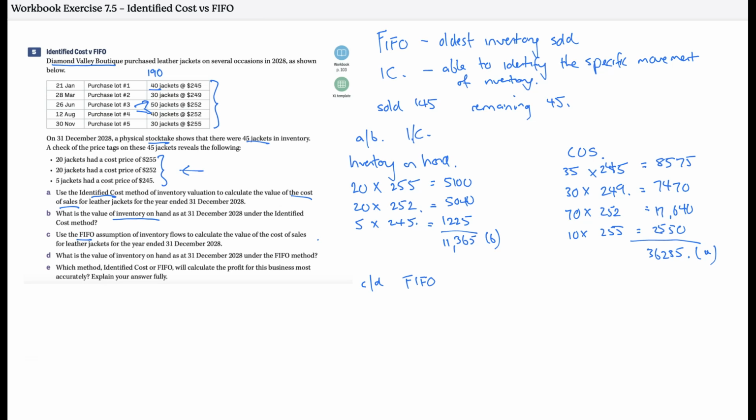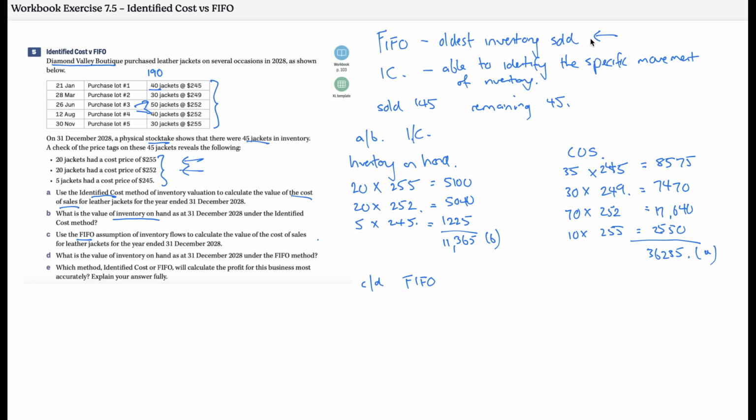And this is where we actually ignore the information where it says what we have left over. All we have to acknowledge is that we have 45 jackets left over. FIFO makes the assumption that the oldest inventory is sold first.